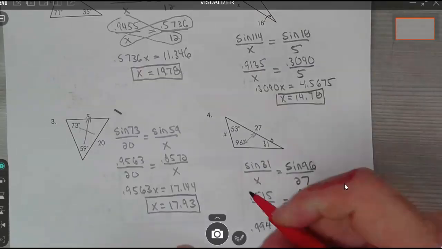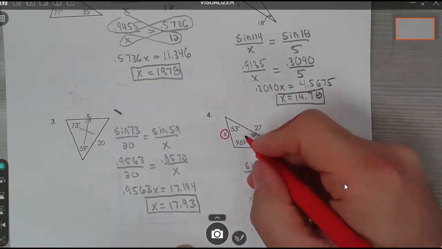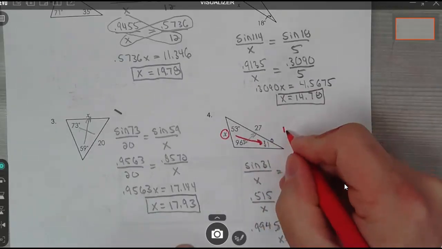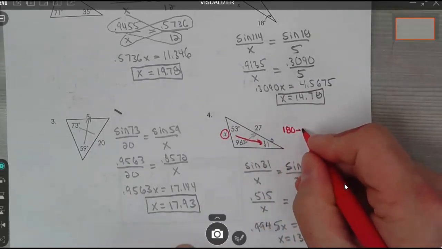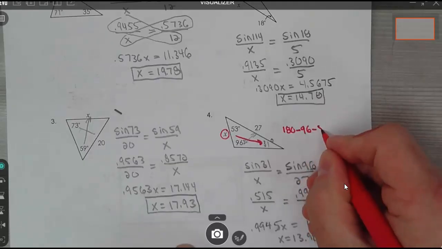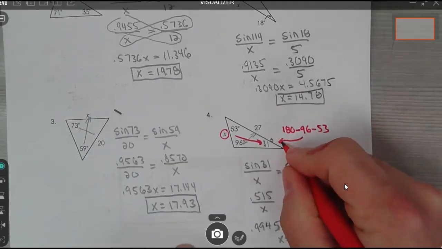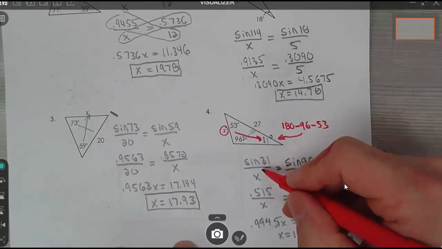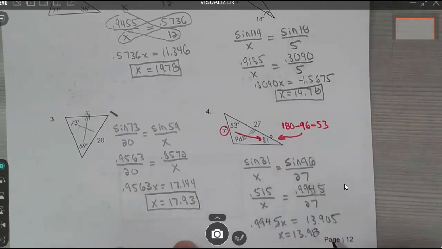But the problem is that x is the side that I'm trying to find. So I had to find out what that angle was. So what I ended up doing was taking 180 minus 96 minus 53, and that would get you 31 degrees, okay, which allowed me to do the sine of 31 over x.